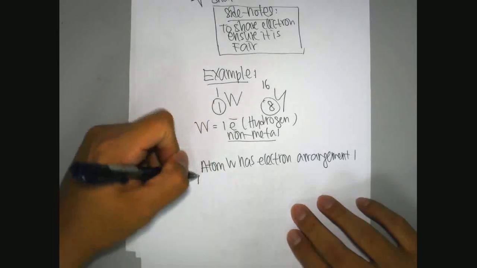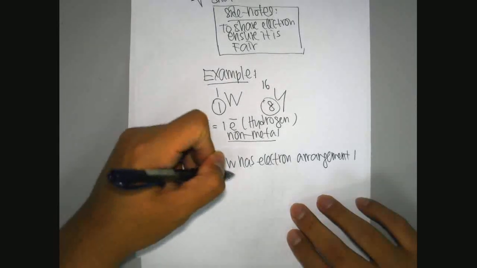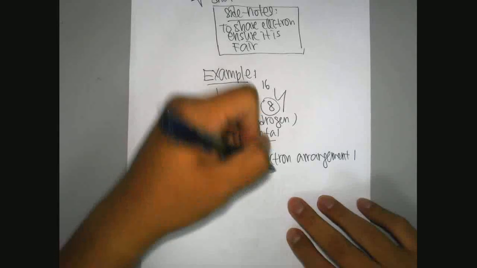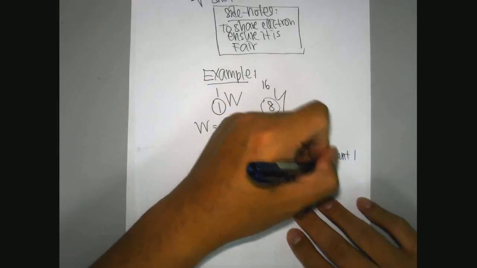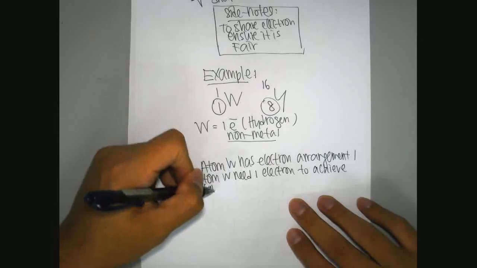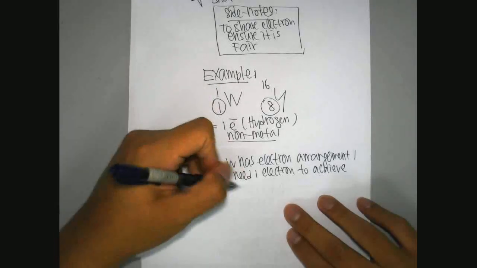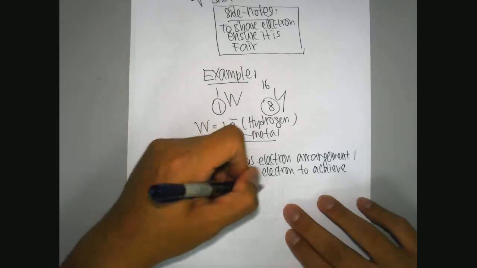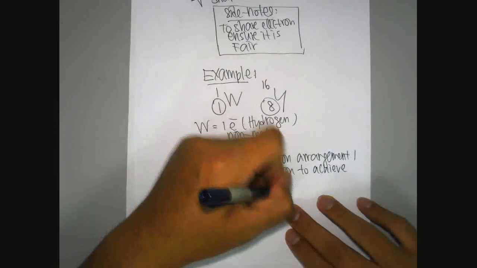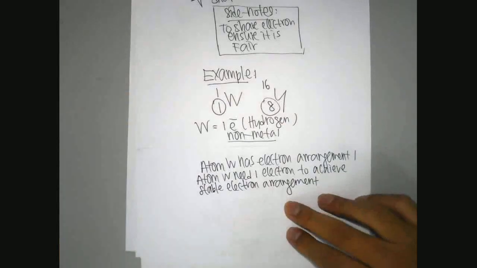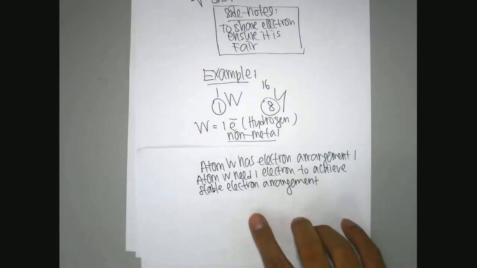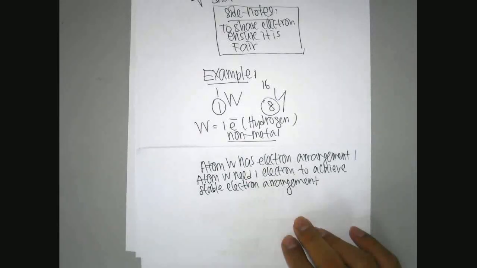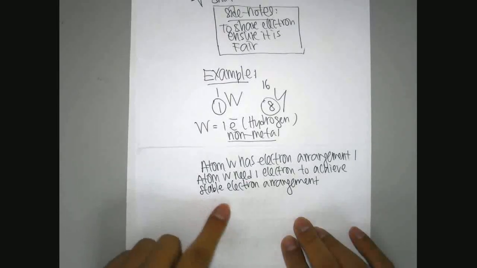So we know that atom W needs 1 electron in order to achieve stable electron arrangement. Alright, so now will it become W plus, Y minus? No, because you do not donate or receive electrons. So you are not going to get any charge here.